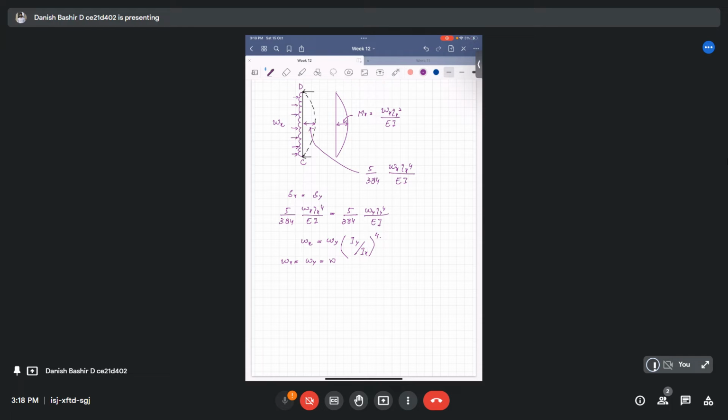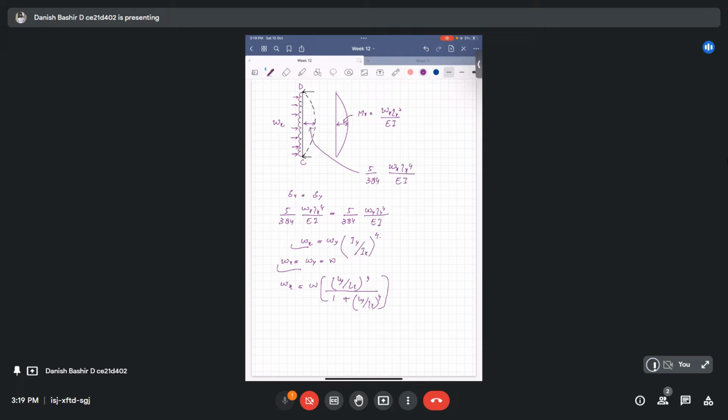So from this equation and this equation, when we use these two equations, we will get wx individually as w times (ly by lx) whole power 4 upon 1 plus (ly by lx) whole power 4, if you solve it completely.